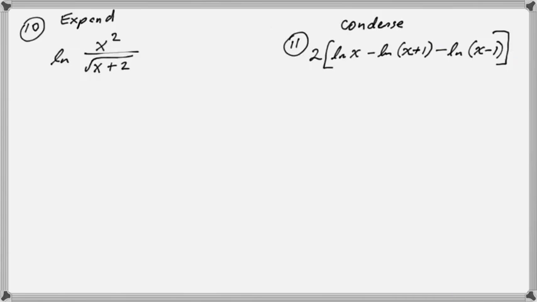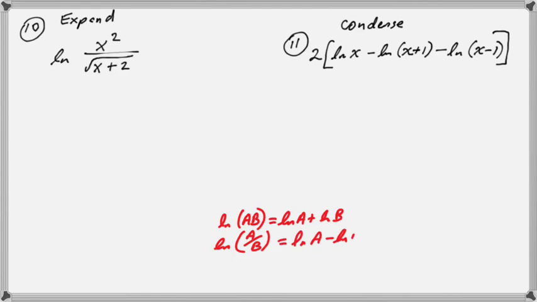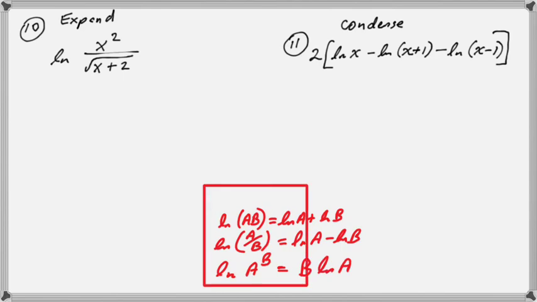On to number 10. We want to expand and condense these logarithms. There are properties of logarithms. So if I knew that the log of a times b is log a plus log b, log of a divided by b is equal to log a minus log b, and log of a to the b power allows you to pull the exponent out front, giving me b natural log of a.